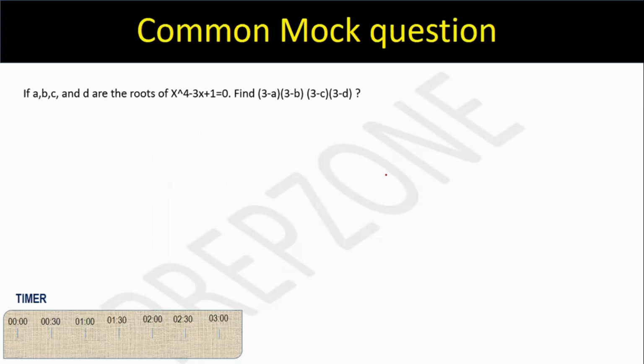So I thought, why not explain it in the class itself. The question is: a, b, c and d are the roots of this equation. You need to find the value of (3 minus a) into (3 minus b) into (3 minus c) into (3 minus d). Please solve this.